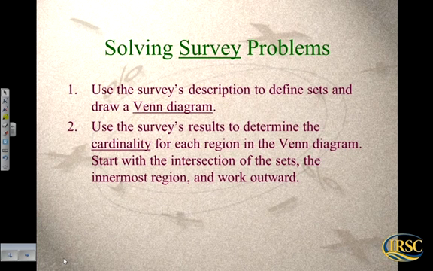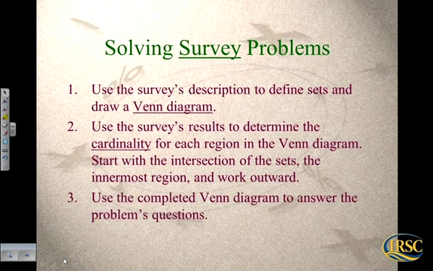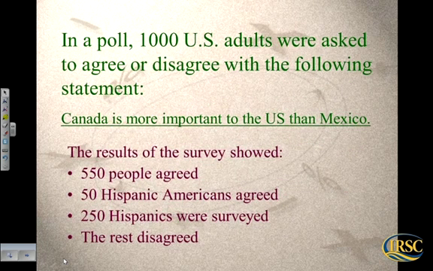But remember, when you're trying to put in the amount of items in each region, you start with the intersection of the sets, or the innermost region, and work outward. And then step 3, use the completed Venn diagram to answer the problem's questions, just like you did in those last series of questions. Okay, next survey problem.